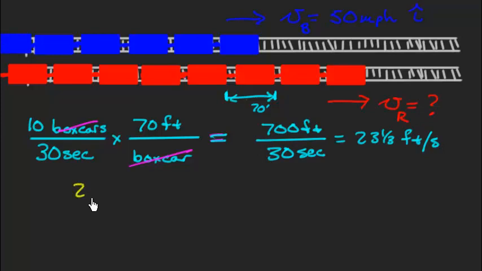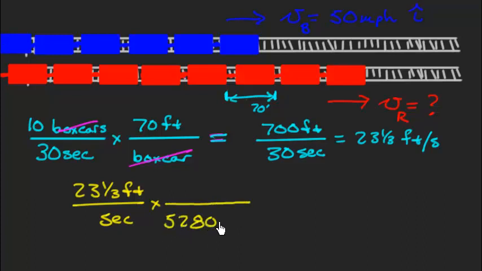So now if I take this 23 1/3 feet for every second, and then I observe that, what? I've got 5,280 feet in 1 mile, and I have 3,600 seconds in 1 hour.